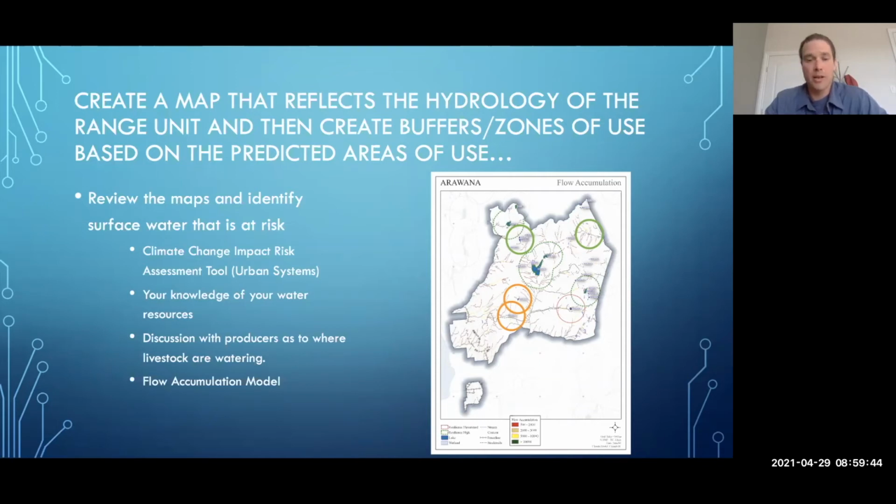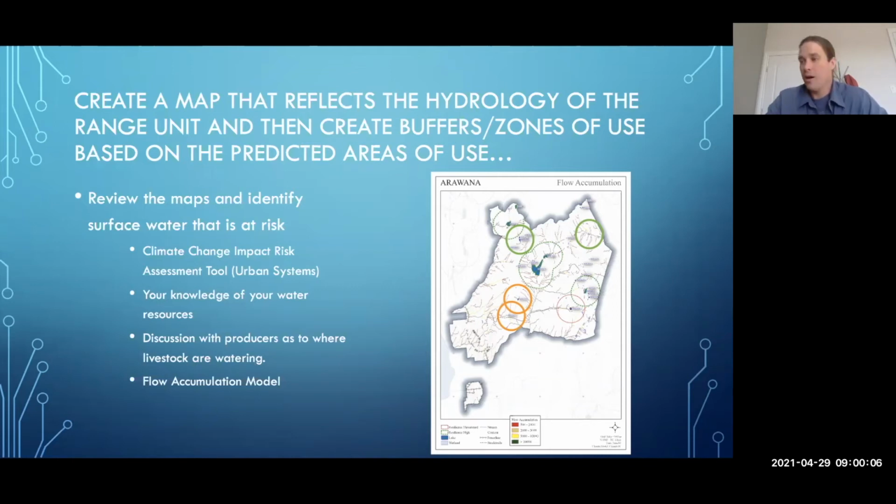And there's another thing that we're working on at the desktop level, which is the flow accumulation model, and that can assist with showing where water is moving on the landscape and which ponds are connected to other ponds and which ones are completely isolated from the groundwater influence or surface water on the landscape.